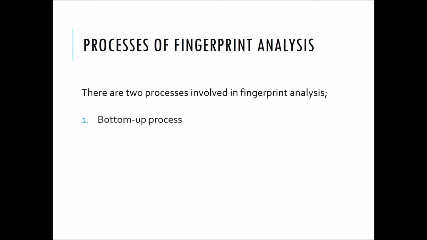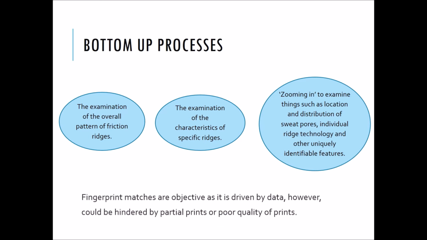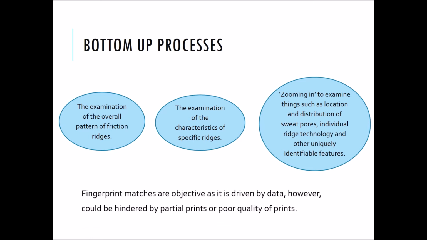Okay, so now we are going to look at the two processes of fingerprint analysis that I mentioned before. So you've got two processes, the bottom-up process and the top-down process. In the bottom-up process, that is where the examination of the overall pattern of friction ridges and characteristics is done.